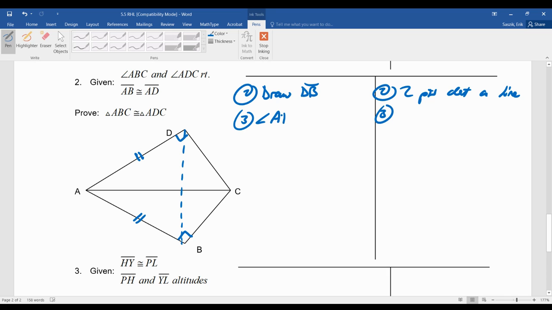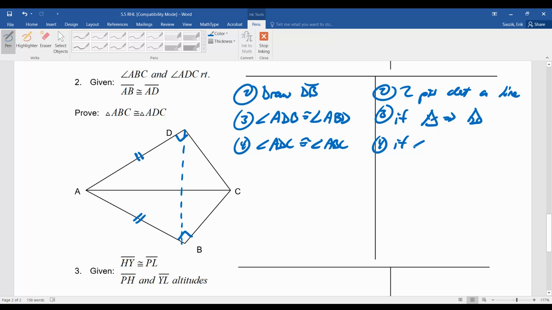So now angle ADB is congruent to angle ABD from if sides then angles. I had those right angles, so I'm going to say angle ADC is congruent to angle ABC. If right angles, then congruent.